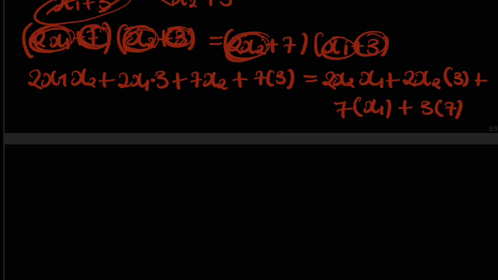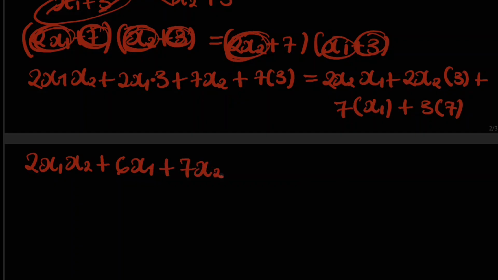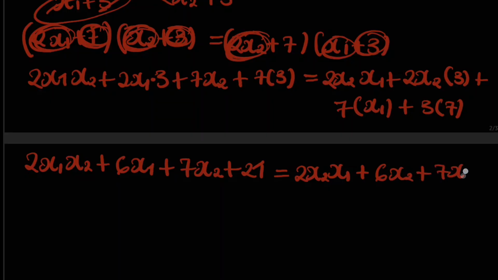Now let us simplify. So we still have our 2x1x2 plus 6x1, since we have 2x1 times 3 giving us 6x1, plus 7x2 plus 7 times 3, 21, equal to 2x2x1 plus 6x2 plus 7x1 plus 21.